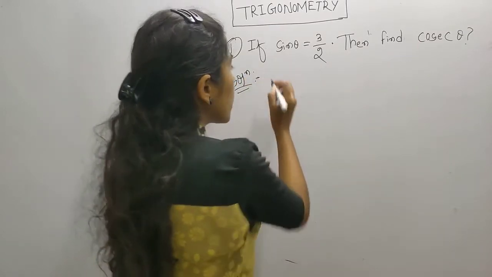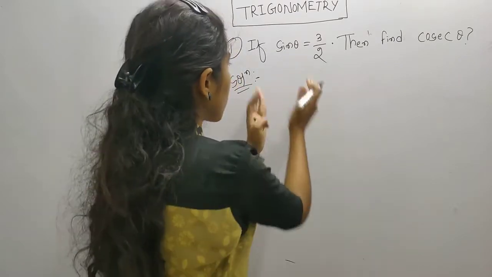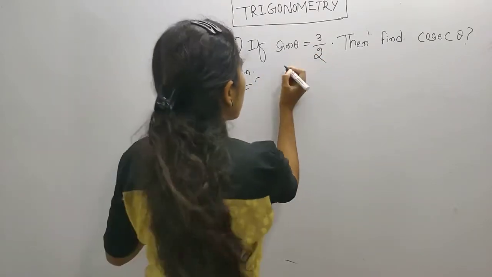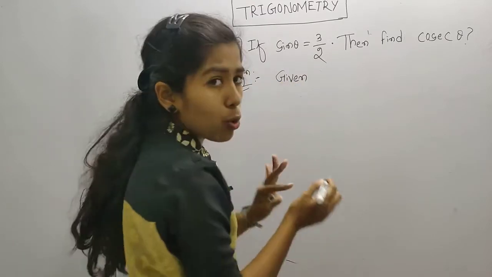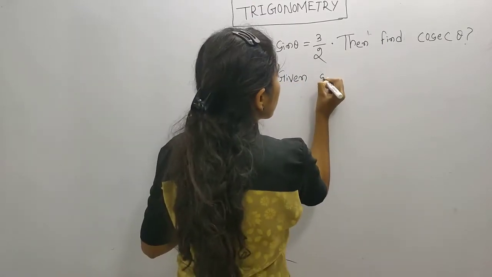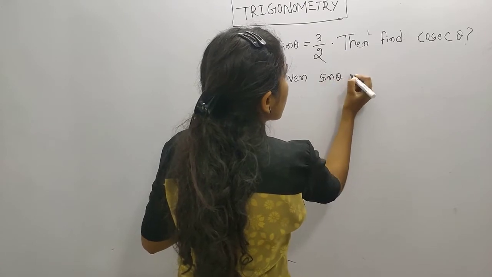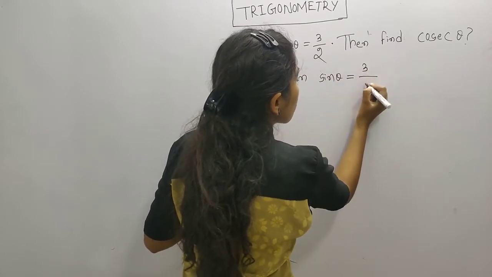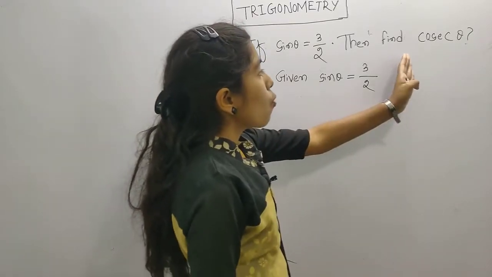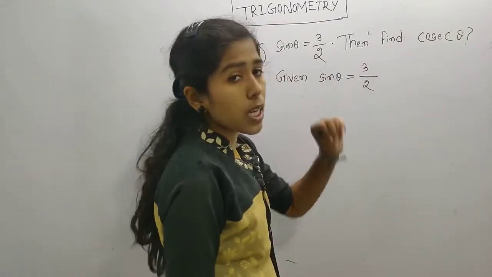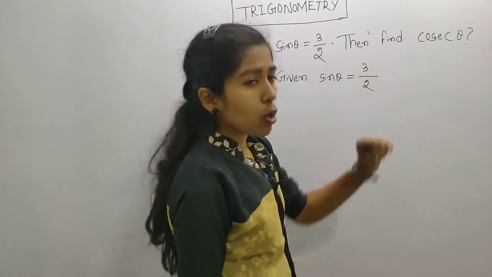First of all, here what is given you see first. You will write first in maths. First you have to write what it is given in question. Given sin theta equals to 3 by 2. Then you have to see what is asking in the question. It is cosec theta.